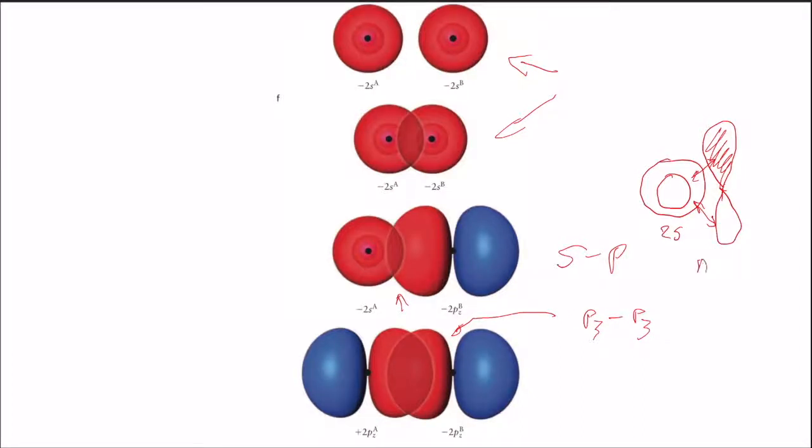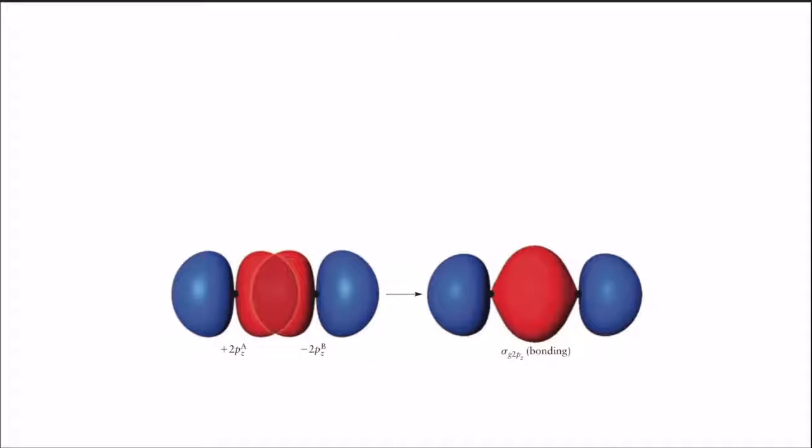So there is a net zero interaction between s and the perpendicular p orbitals. So in the case of the two pz's, we can have bonding.